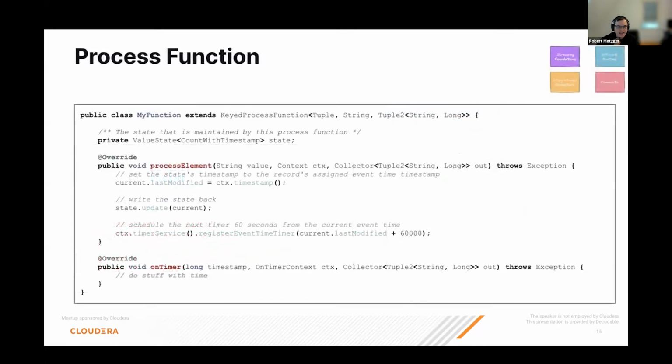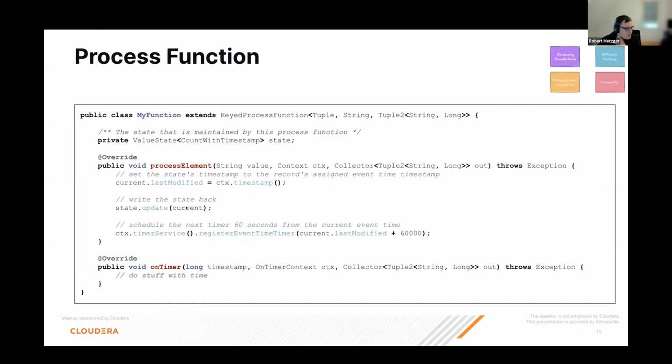Now let's go to the other side of the spectrum and look at the low-level API in Flink. And this is called the process function. And this process element function gets called on every input element that you're receiving from your data stream. And then you see that in this context object that you're also getting, you can access the timestamp, like the event time of that record.